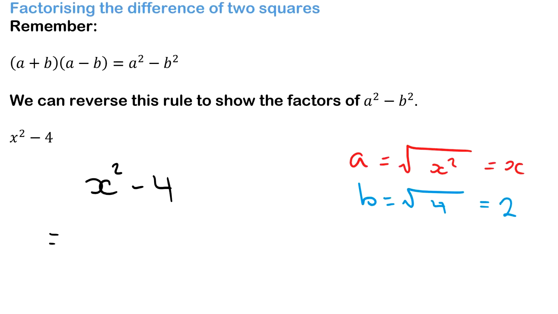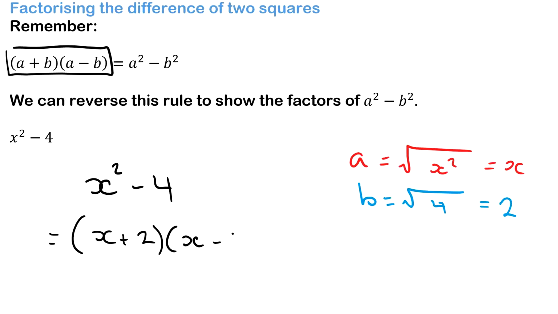If I'm trying to factorize this down, all we're doing is filling in our a's and b's. So a was x, b was 2, and we get x plus 2, x minus 2. You square root both your terms. We square rooted x squared to get x, which is our a, and we square rooted 4 to get our b value, which was 2, and then we just substitute them in.